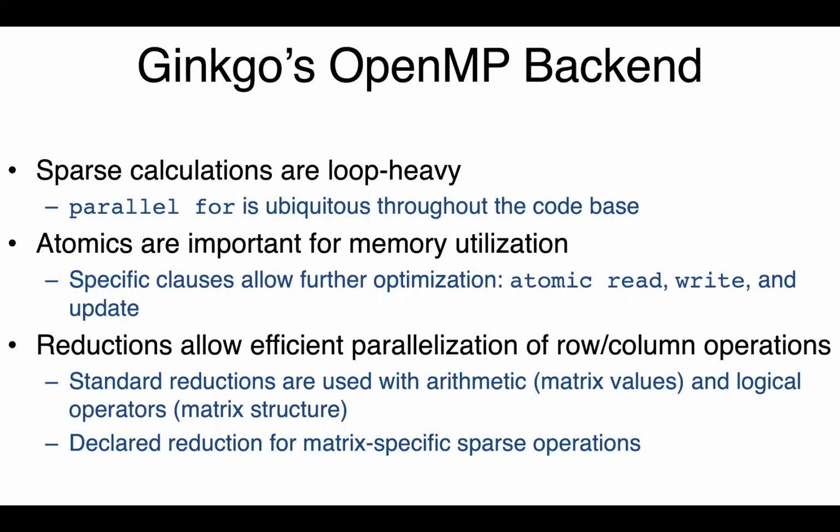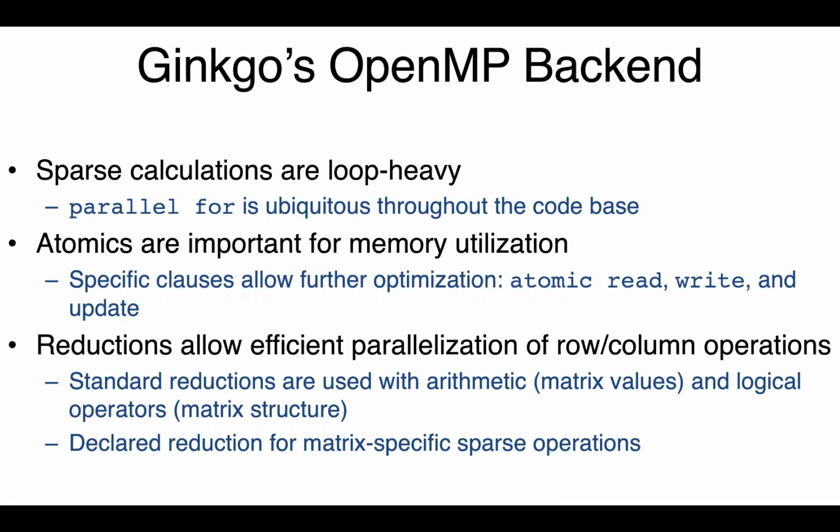There are also very clever reductions that are necessary for the sparse operations that go either across rows or columns, depending on the sparse storage format. Some of the reductions are very standard, that you would find in most textbooks, such as arithmetic reductions and logical operators. The first ones are mostly for arithmetic.